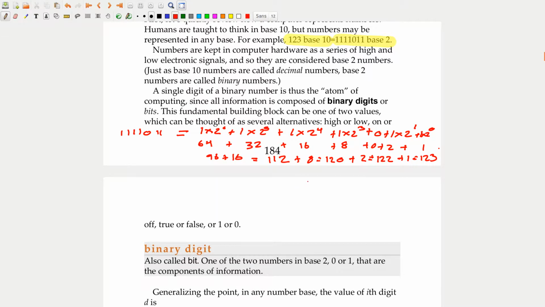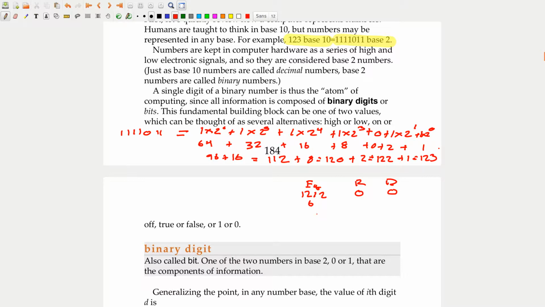Let's have the equation here, the remainder here, and a digit here. So 12 divided by 2, the remainder for this is 0, and the digit here is going to be 0.